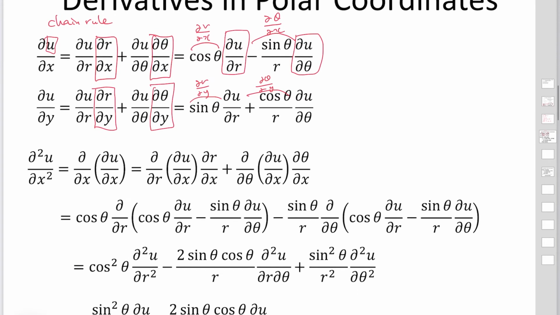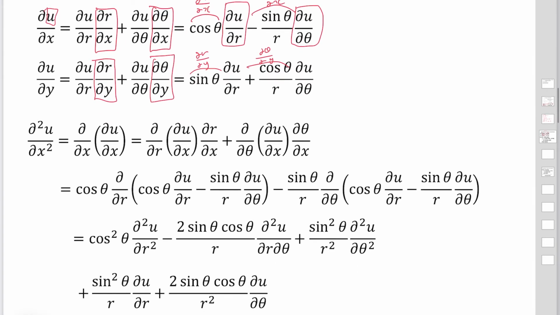Now we'd like to derive the second partial derivative. The second partial derivative of u with respect to x is expressed this way. The first partial derivative with respect to x is expressed using the chain rule, where partial r partial x is equal to cosine theta and partial theta partial x is equal to minus sine theta over r.